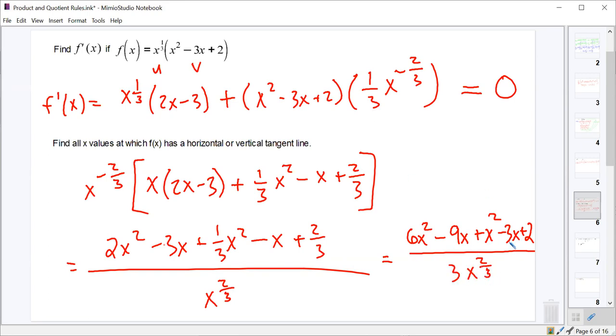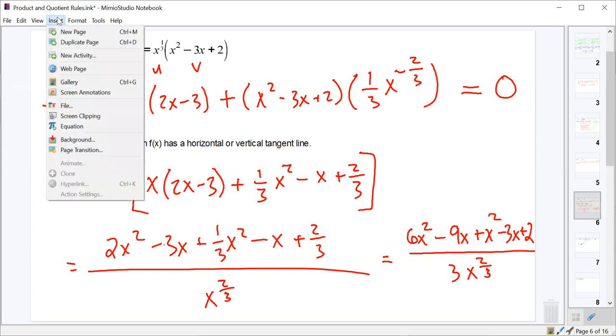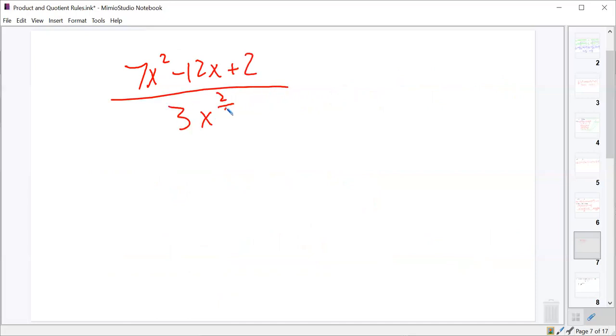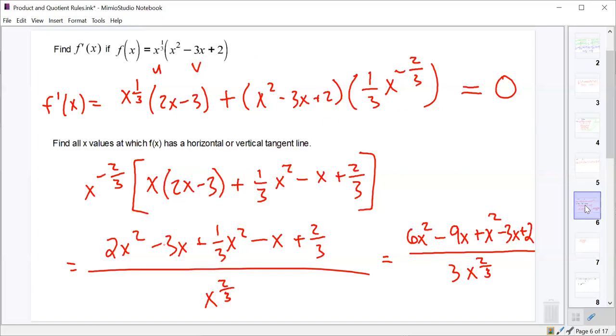And we should then be able to combine our like terms to give us 7x squared minus 12x, what was it, plus 2 over 3x to the 2/3. All right, 7x squared minus 12x plus 2. Yeah. Okay. Everybody good with that?